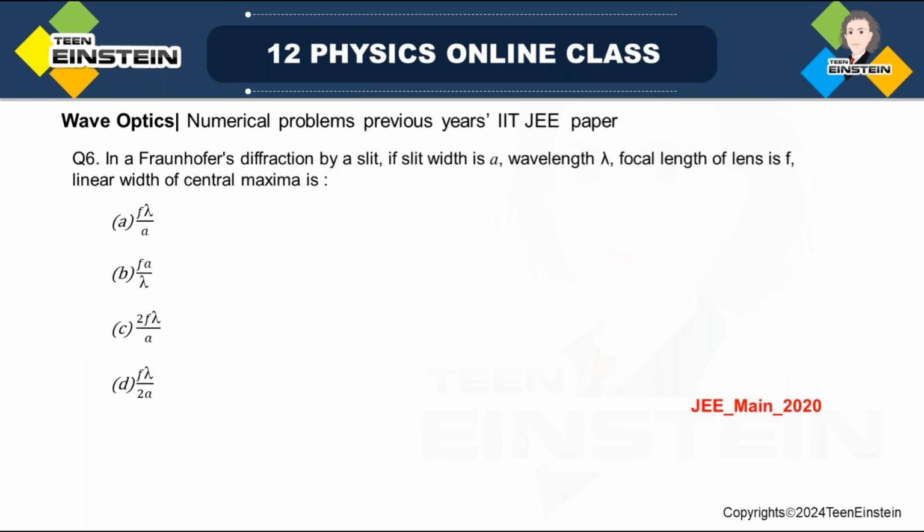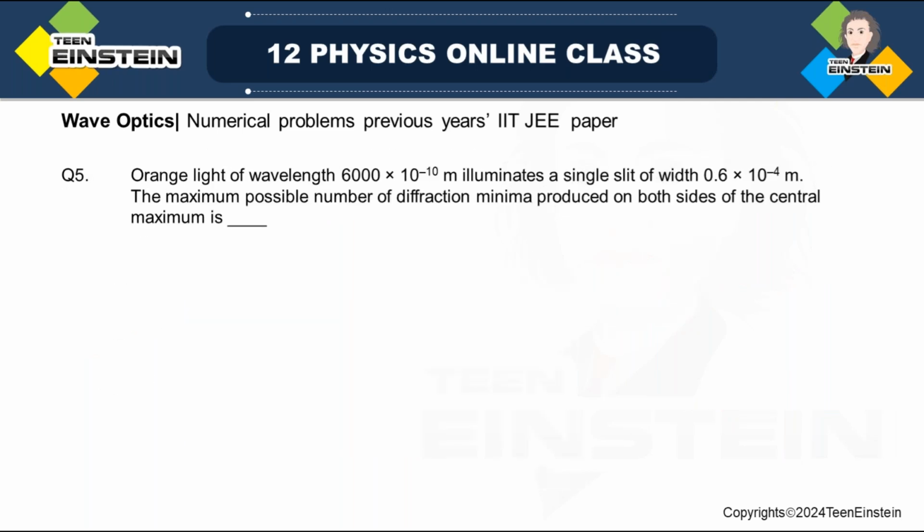Okay, I have discussed the fourth one. I'll discuss the fifth one. Orange light of wavelength 6,000 angstrom, this is 6,000 into 10 to the power minus 10 meter, illuminates a single slit of width 0.6 into 10 to the power minus 4 meter.